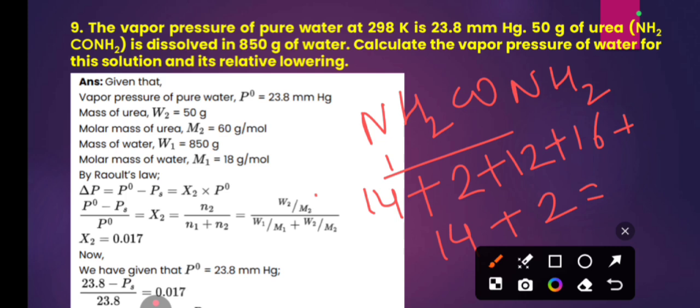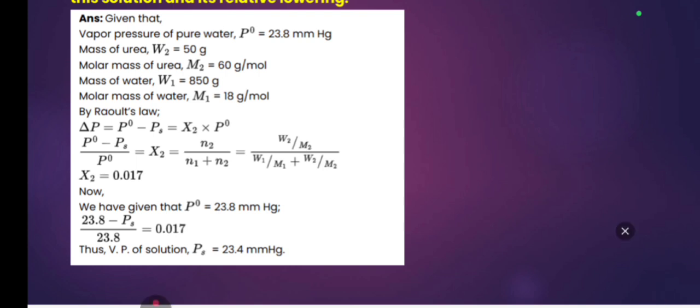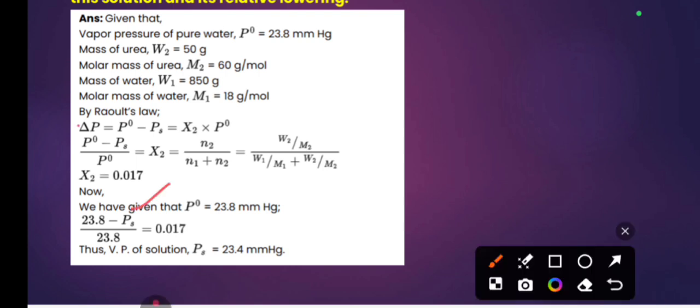That you can put here in the value of M2, the molar mass of urea. After calculation you will get the value, that is 50 gram. So every value is given to you, and in this way you can solve PS. P naught is given, PS you have to solve, and X2 we have solved by using this. So the final answer you will get is PS equal to 23.4 mmHg.